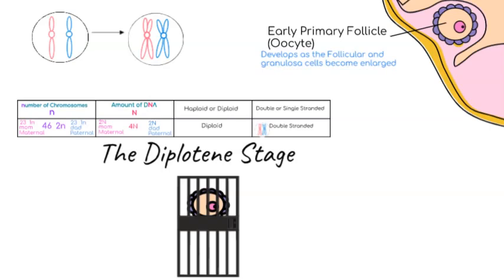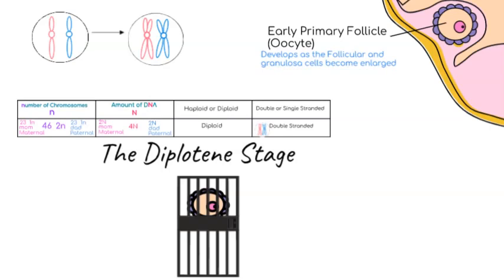Okay? And this is called the diplotene stage. All right? So before you were born as a female, all your primary oocytes have started their first meiotic division, and at birth you have no more oogonia. So let me explain that a little bit better.